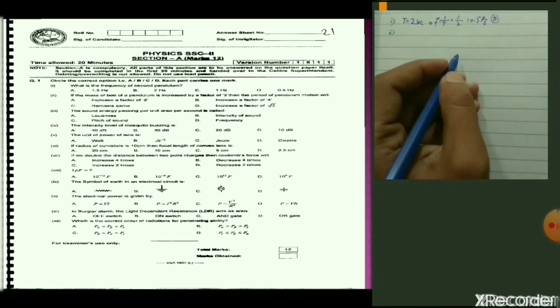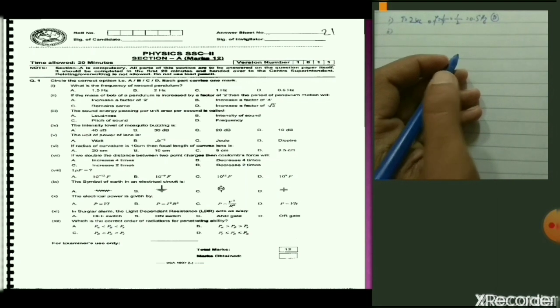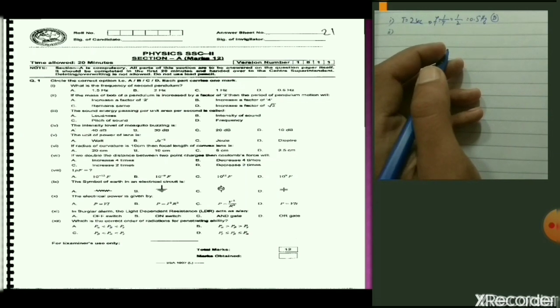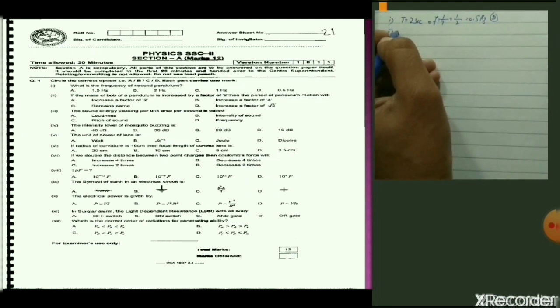Second, if the mass of the bob of a simple pendulum is increased by a factor of 2, then the period of pendulum motion will: increase by a factor of 2, increase by a factor of 4, remain the same, or increase by a factor of 2 under root. Now we know that the time period for a simple pendulum is equal to 2 pi into square root of L divided by g.